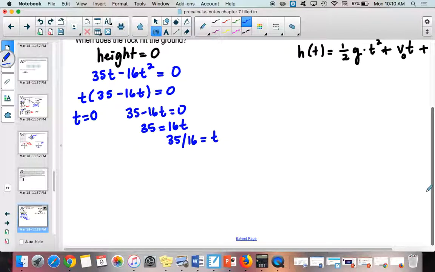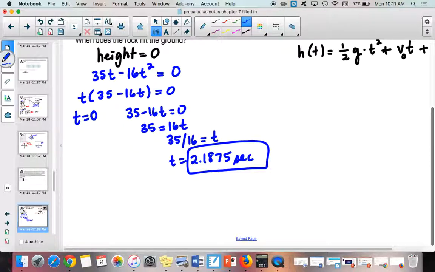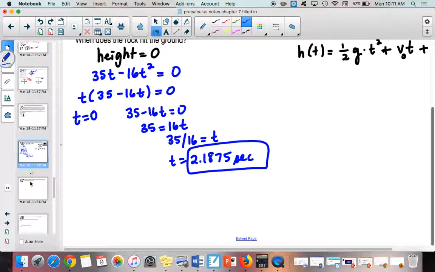You could find a decimal approximation for that. It'd be 2.1875 seconds. Right? Much faster than doing the table and being like 2.1, 2.2, 2.15, 2.16. It would take forever to do that. Okay, got it?